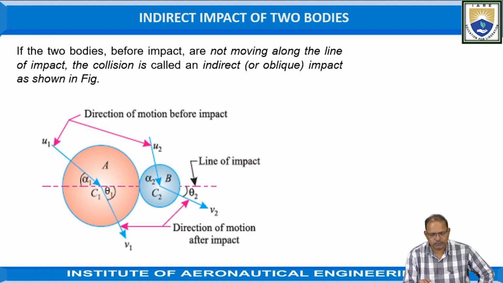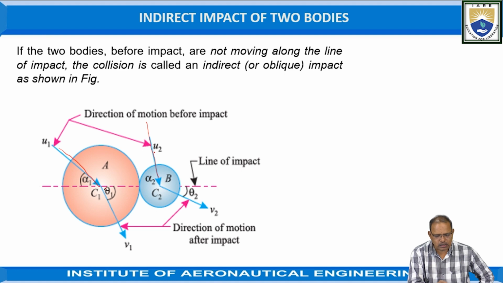In this case, if the two bodies before the impact are not moving along the line of impact, that is, not in the same direction, because this object is coming in this direction and this object is moving in that direction, both not having the same direction, the collision is called an indirect impact, also called oblique impact.